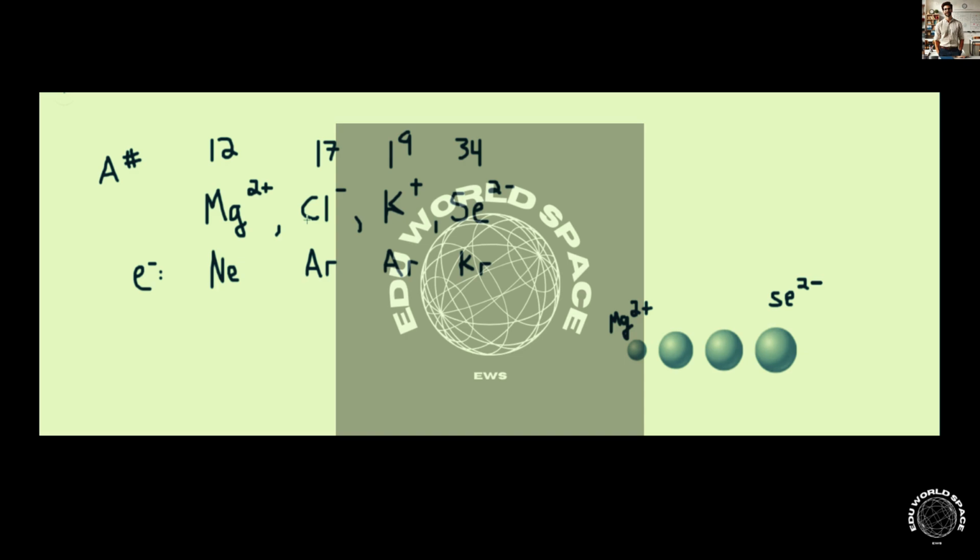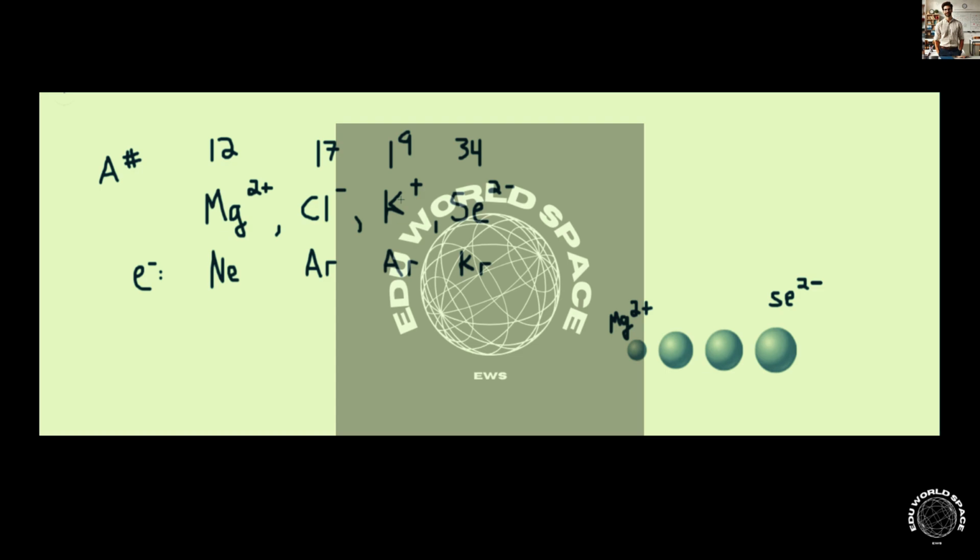But it takes a little bit more consideration when we look at chlorine and potassium, because they both have the electron configuration of argon. So we need to see, if they have the same number of electrons, what is different between these ions, and that's the atomic number. Chlorine has 17 protons, potassium has 19 protons.